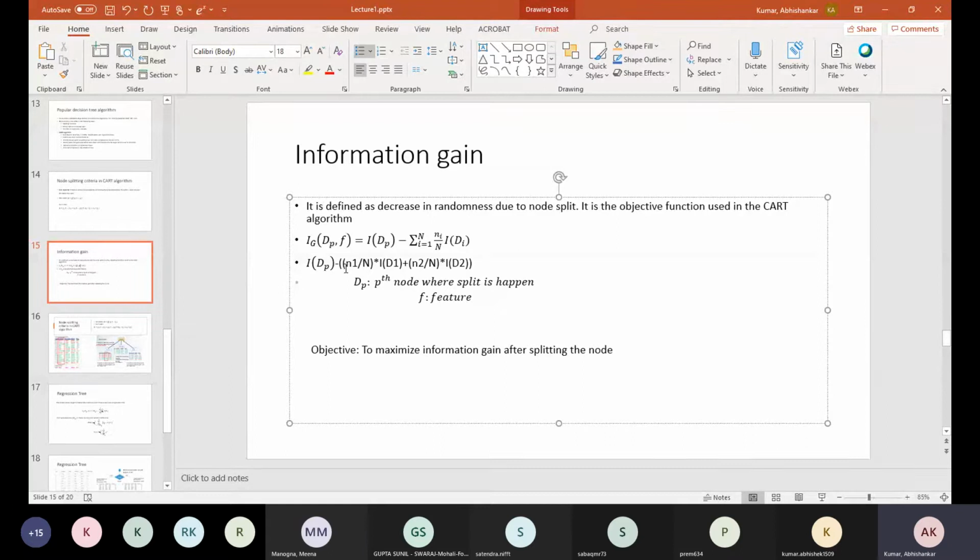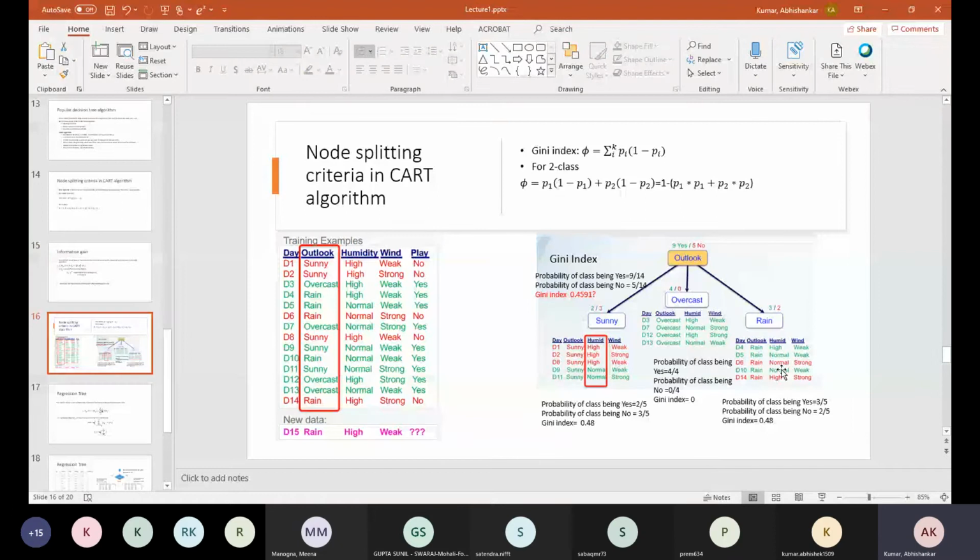Now you have to add the Gini index present at all three nodes, Sunny, Overcast and Rain. For every node you have one Gini index. How do you add all this together?